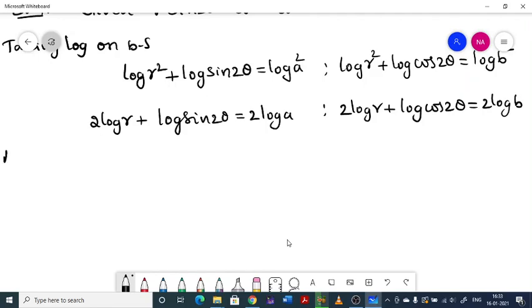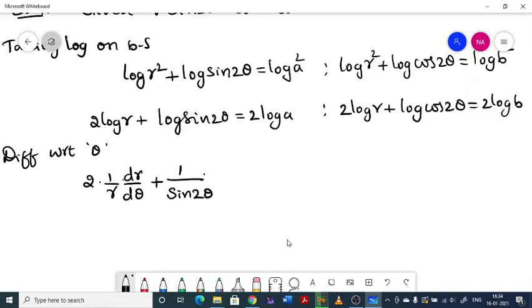Now differentiating with respect to theta. So 2 into derivative of log r, 1 by r, derivative of r with respect to theta, plus log sin 2 theta, differentiating we get 1 by sin 2 theta, into derivative of sin 2 theta, that is cos 2 theta, into derivative of 2 theta, so 2 cos 2 theta, equal to 0, because log a is a constant.